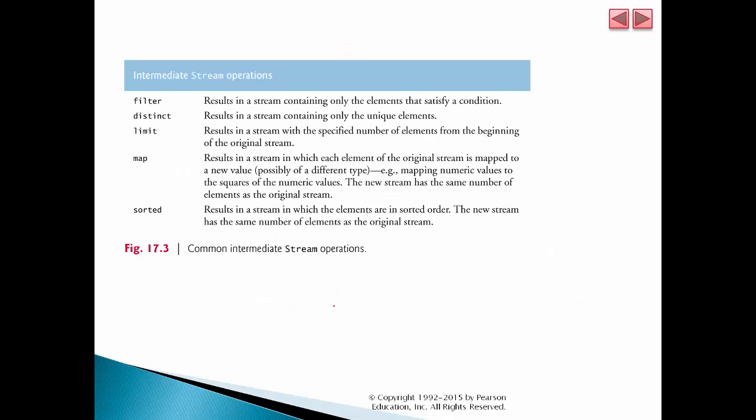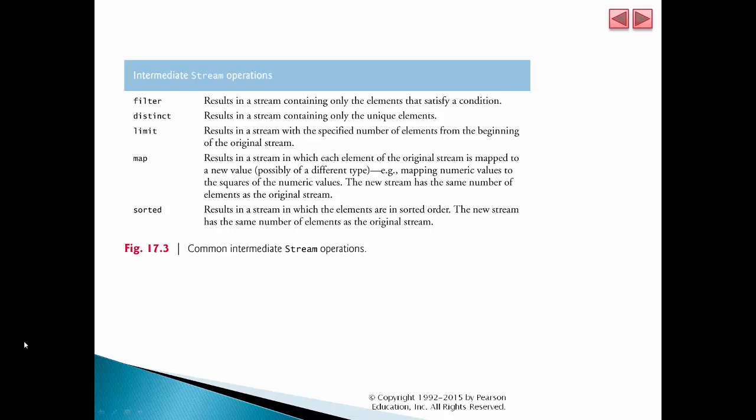Okay, so let's take a look into some intermediate operations here. We've got filter, distinct, limit, map, and sorted. These are the most commonly used intermediate operations in the stream of data, right?